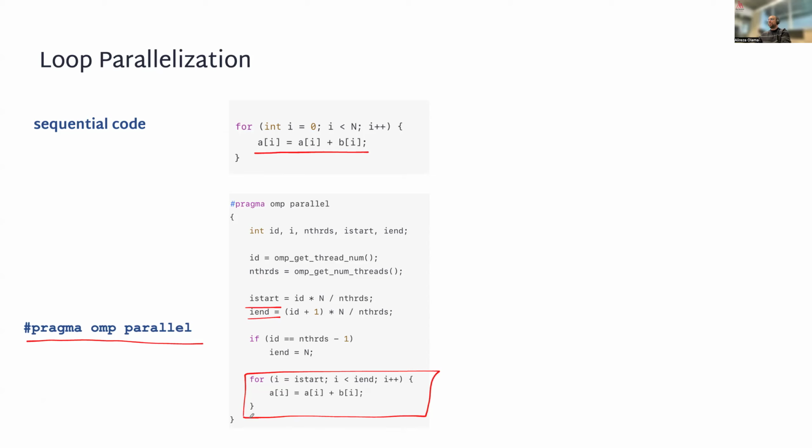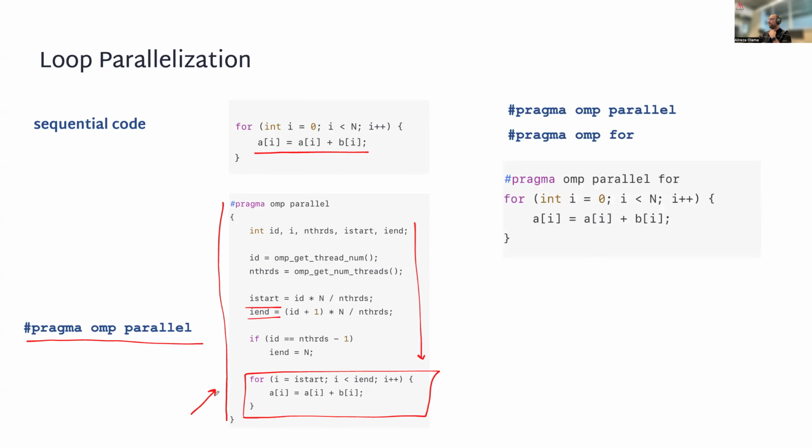This is called manual for loop parallelization, which you can do, but OpenMP makes it automatic for you. If you use multi-threaded programming using pthread and the C++ threading library, you should use this manual thread assignment. But because OpenMP was designed for parallelizing for loops, it can do this automatically for you behind the scenes.